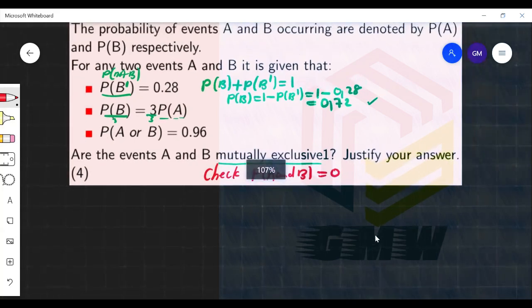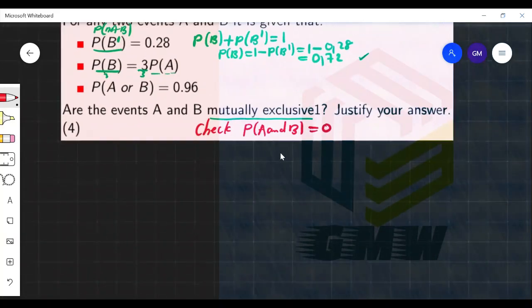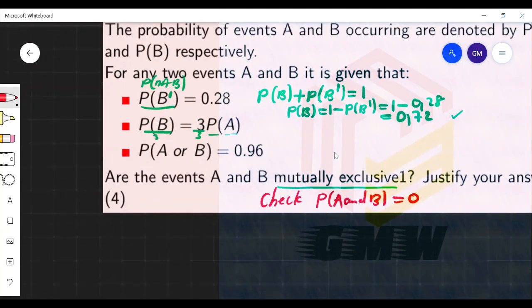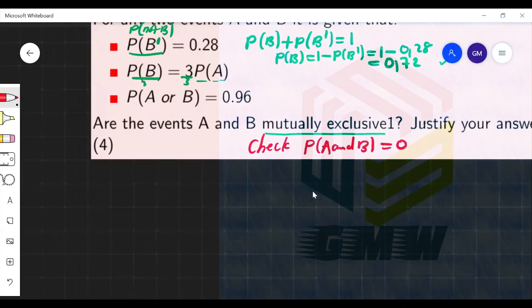Now that we know what we need to find, we look at the data given and see how to connect it to probability of A and B.